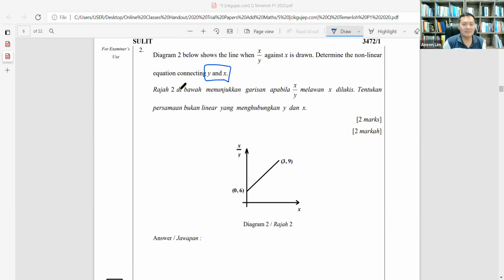How do you connect them? You have to look carefully. Okay, yes. So for this linear question, you see, x over y against x, (0, 6) and (3, 9). So you don't tell me, oh, I know this is x coordinate, y coordinate.